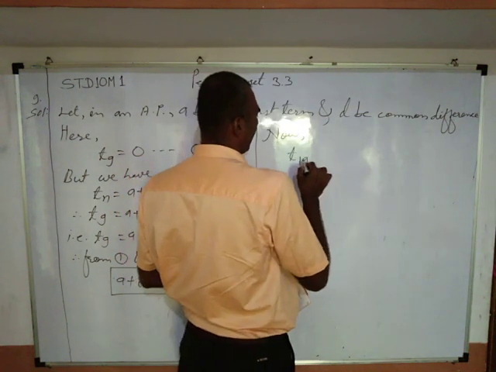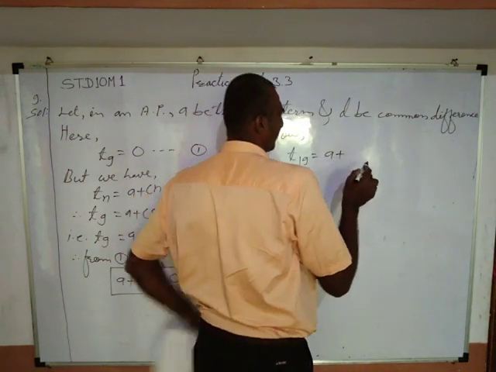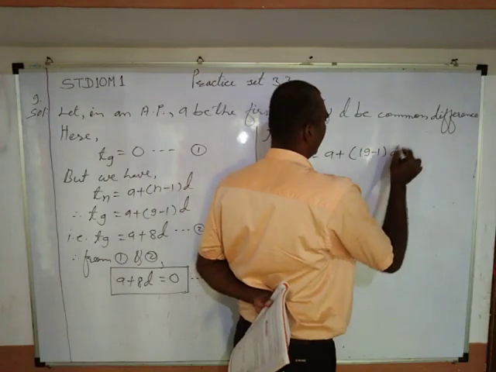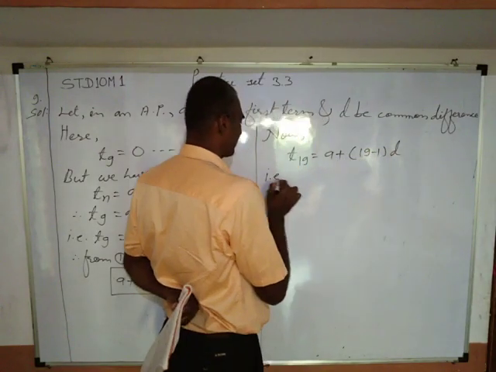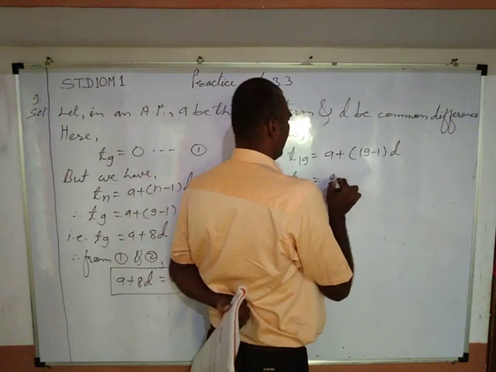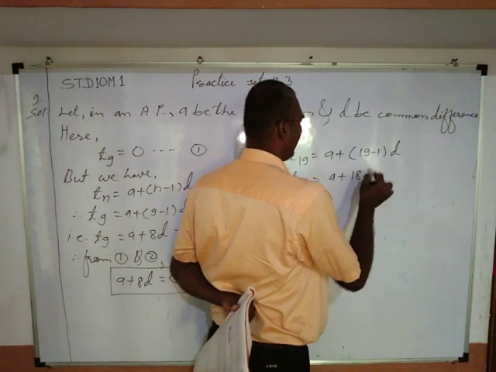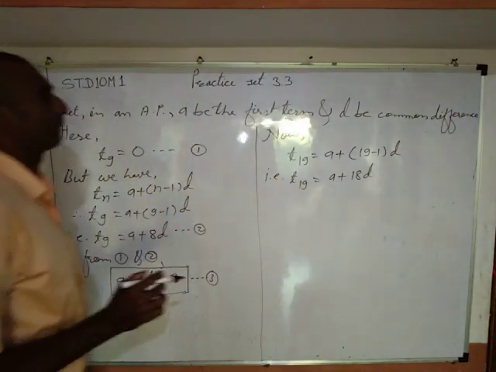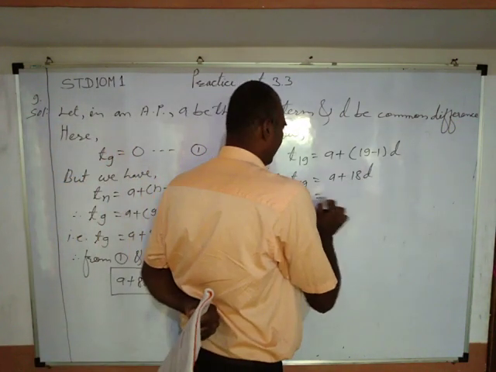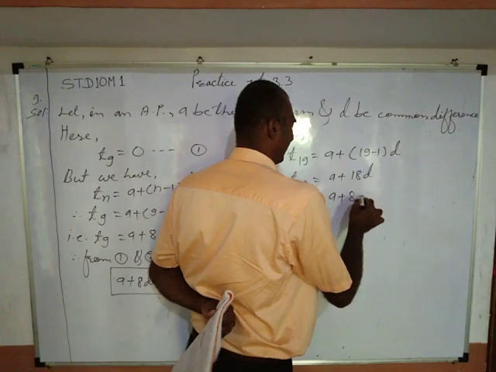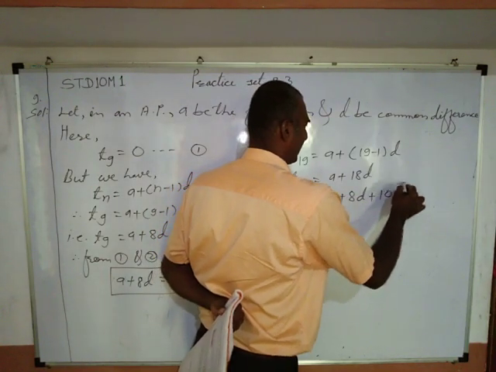Now T19 equals a plus 19 minus 1 into d. That is T19 equals a plus 18d. That can be written as a plus 8d plus 10d.